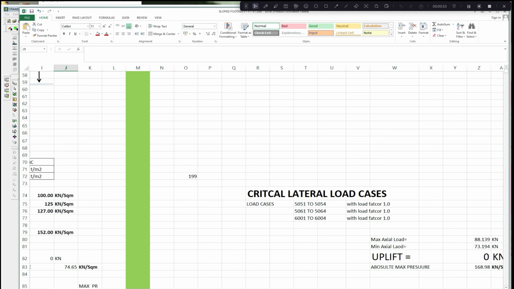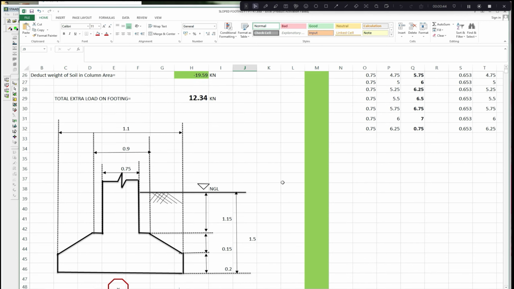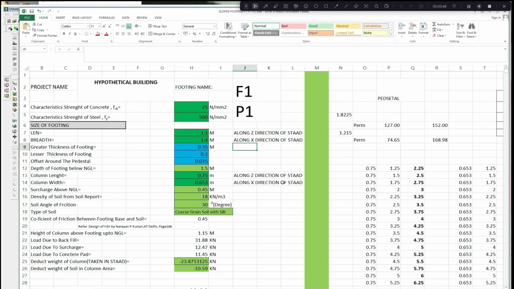Now see what has happened. The absolute maximum pressure has exceeded the gross allowable pressure under lateral load. So that is why we should have the length of the footing in the direction in which the greater moment is acting. For mostly the adjacent columns which are fixed in one direction, this should work.